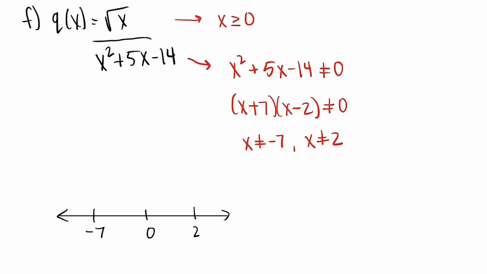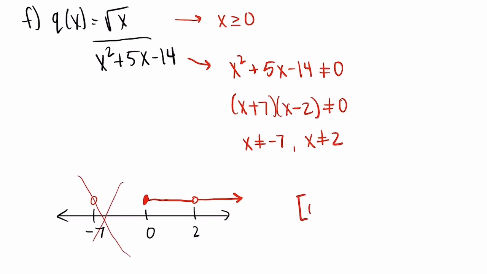I know x can't be negative 7 or 2, but x has to be greater than or equal to 0. Is negative 7 going to play any role in our domain? No, so we're not going to do anything with it.